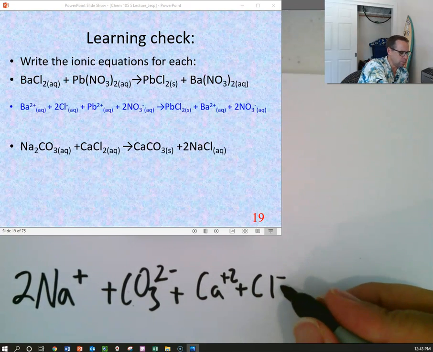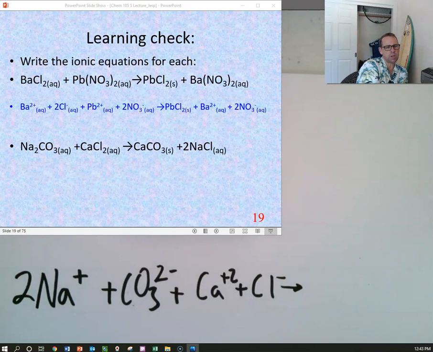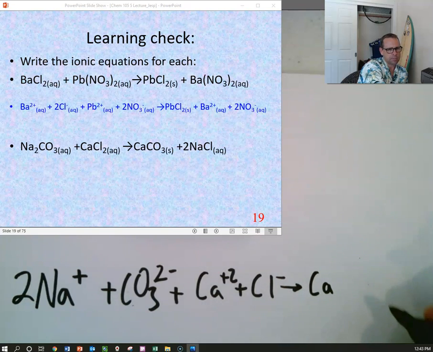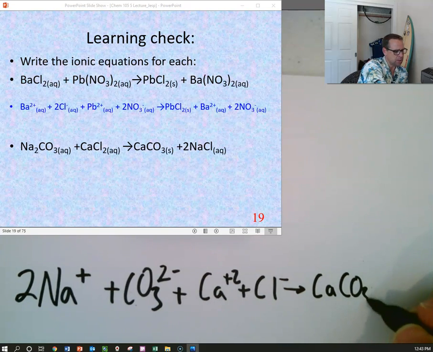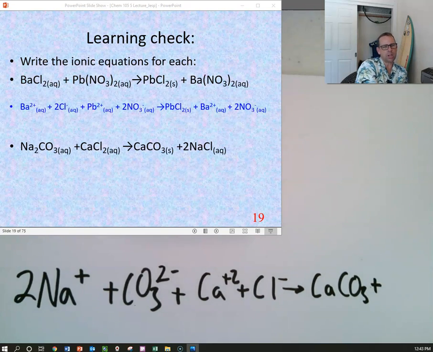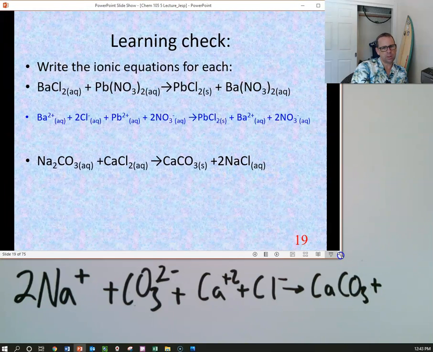Okay, now, what are the products for this reaction? CaCO3. Do I break that up? No, because it's a solid. That's calcium carbonate. Okay, do I break up the sodium chloride at the end there? Yes, I do. 2 Na.